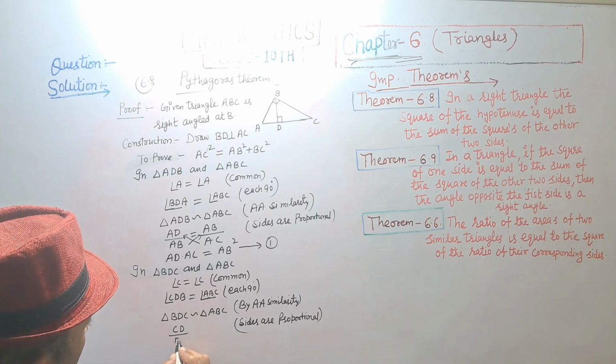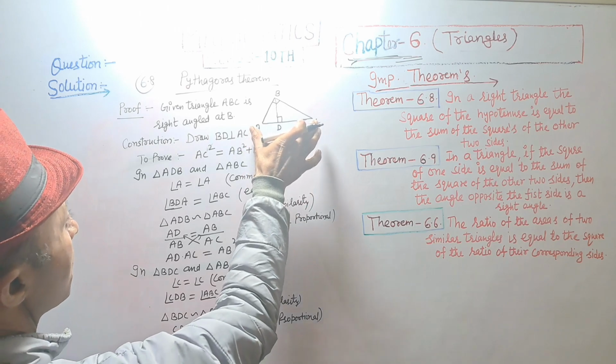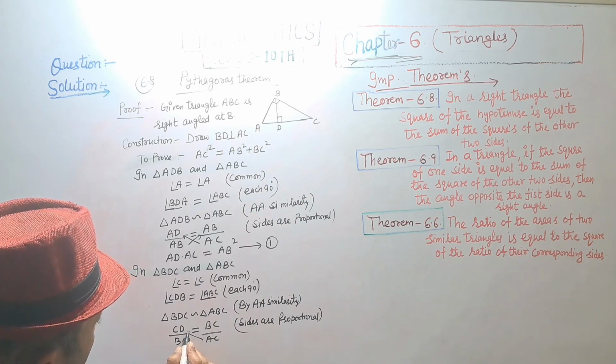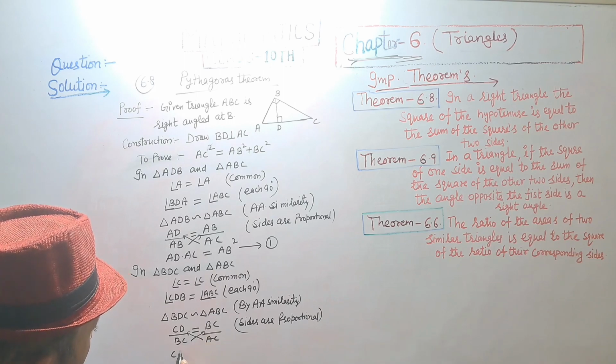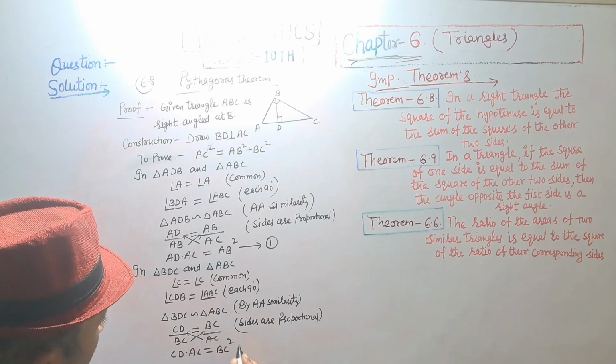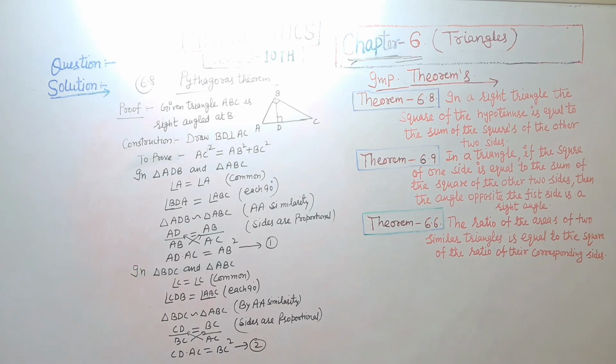CD upon BC is equal to BC upon AC. So CD into AC is equal to BC into BC, that is BC square. Equation number second.